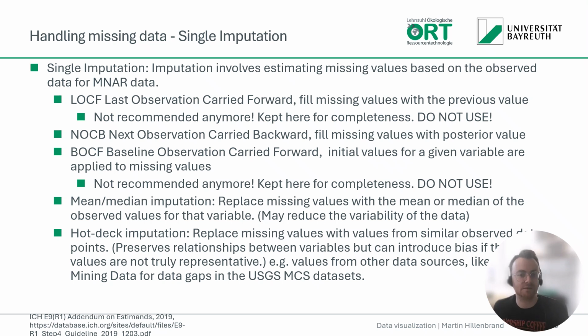Sometimes that makes sense, sometimes another approach might make more sense, like hot deck imputation, which is sometimes used when working with countries. So you're assuming, okay, I don't have a data point for country A, but I have it for country B, and country B is comparable to country A. So I'm closing my data gap for country A by using the data for country B, which is reasonable, but always make it transparent when you're doing that, and always think: can I really do this?